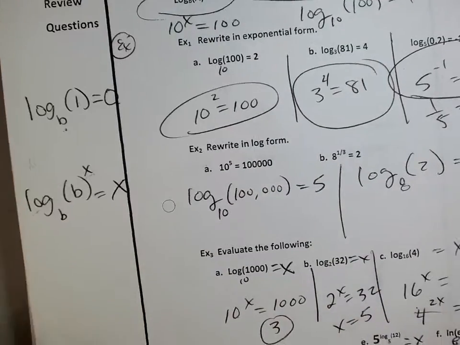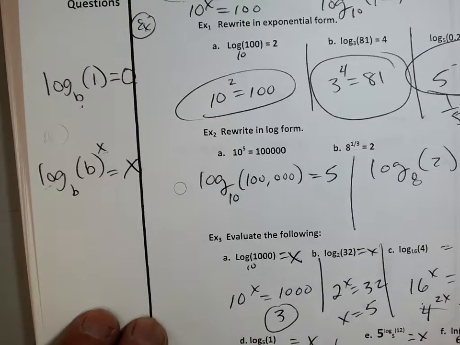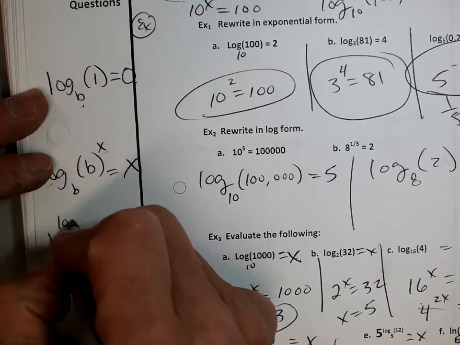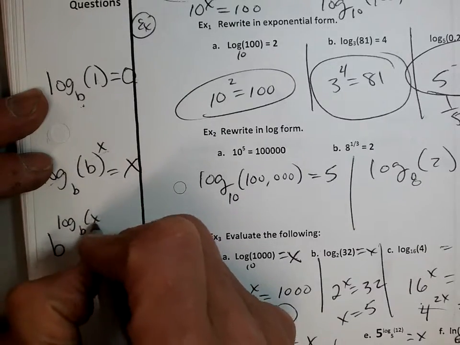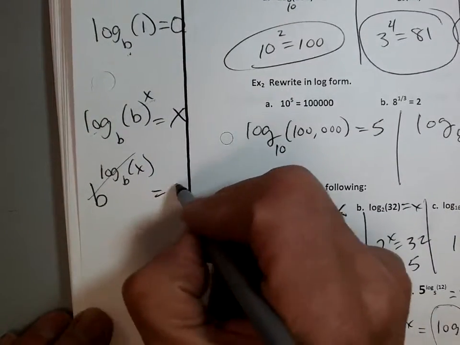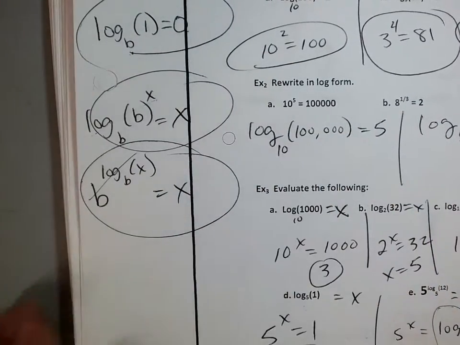Let's learn one more rule, the rule we did in question number E. If you have the base of a log of the base of x, these cancel out and you're just left with x, okay? So those are 3 log rules that are handy to know.